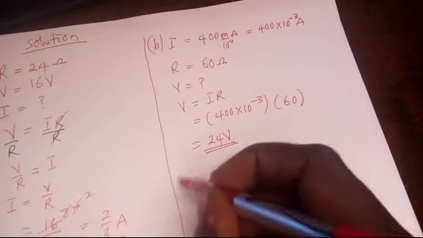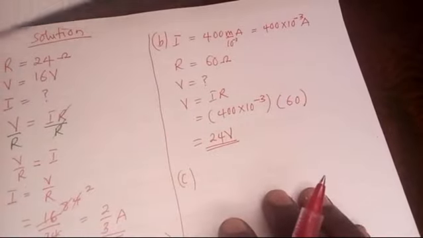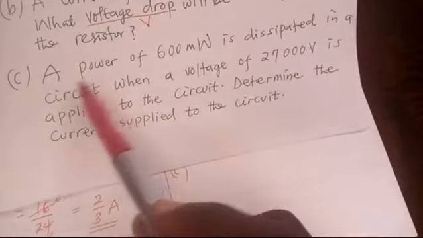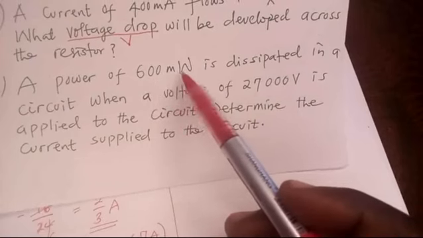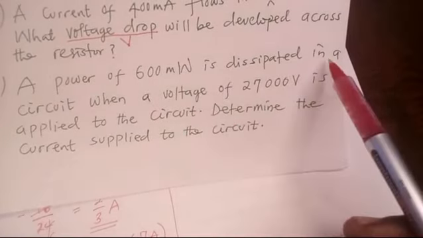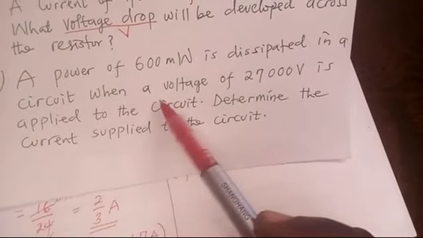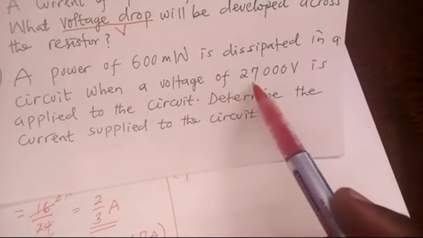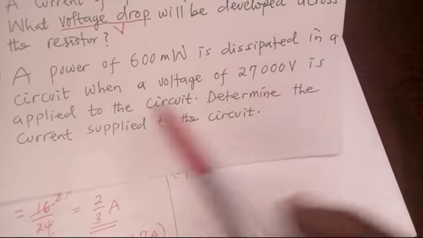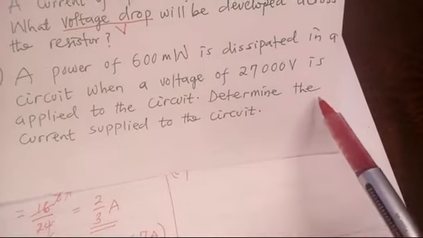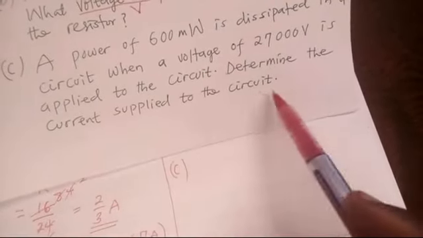The C part of the problem says, look at it here, a power of 600 milliwatts is dissipated in a circuit when a voltage of 24,000 volts is applied to the circuit. Determine the current supplied to the circuit.